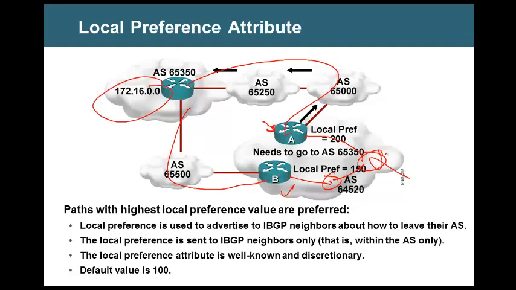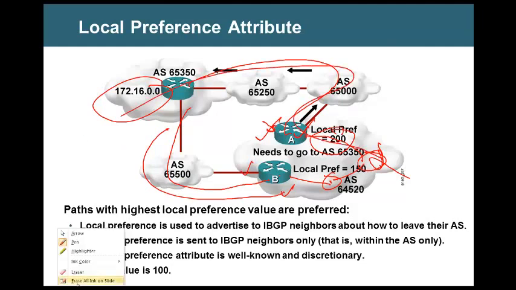Which one alpha router should take depends on the local preference. By default both are 100, so it will go with the AS path. And if you change the local preference of this, router A has 200, so it has high preference, so I'll go this way.